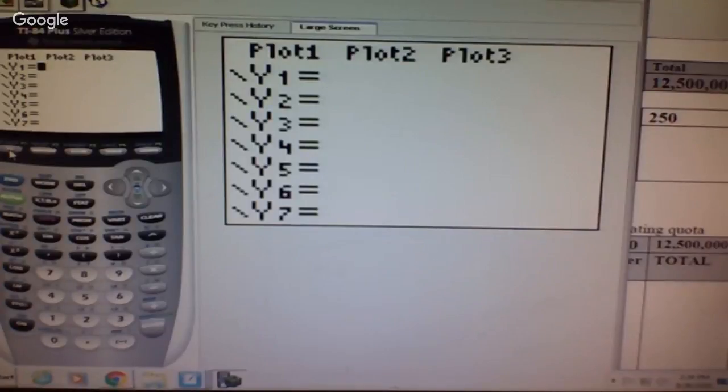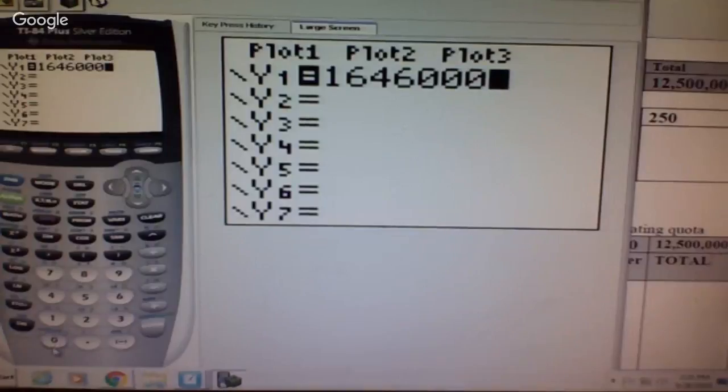Okay. Go into y equals. If you look at example 3, where you see all those big, huge numbers, we need to enter all those in. So 1,646,000, and you're going to hit divided by X. Every number that you put in here must be divided by X. Do not leave that off.